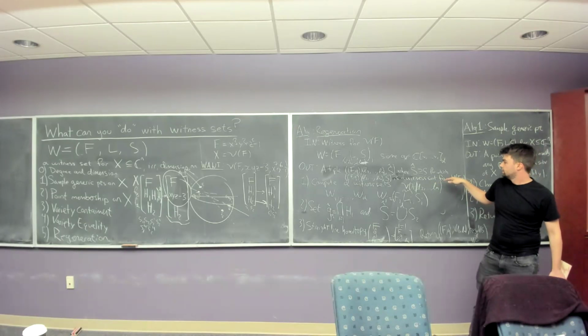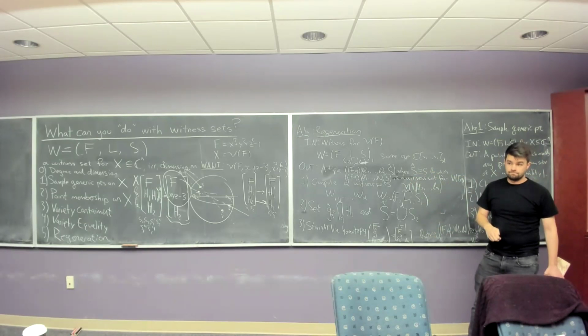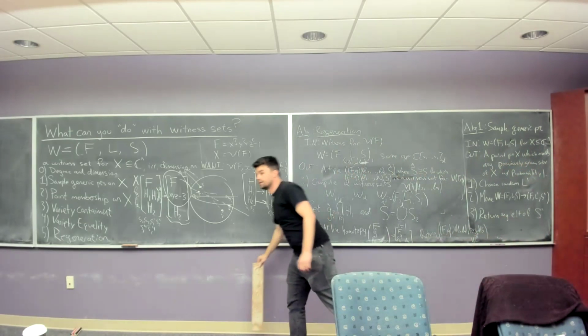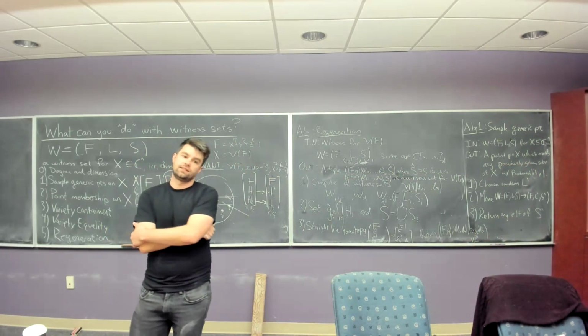Okay. Such a triple is called a witness superset. So this is a way to get a witness superset for the intersection of a variety and a hypersurface, given a witness set for that variety.